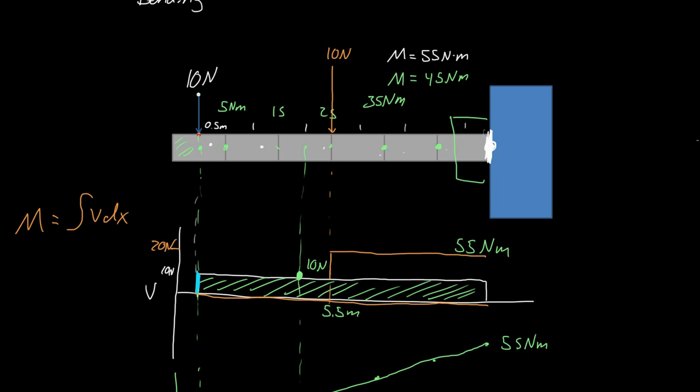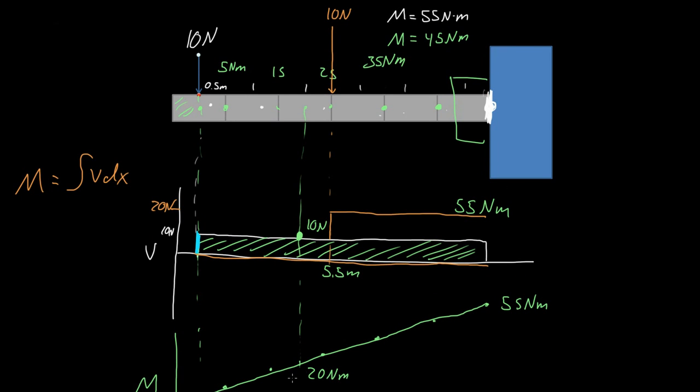What would happen to our moment? Well, that wouldn't affect any of the moment prior to the 10 newtons, but after it would. So now let's find the moment here, 35 Newton meters. Then we have to add the additional moment due to this 10 newtons. So we have 1 meter times the 10 newtons, so that's an additional 10 Newton meters. Right there.